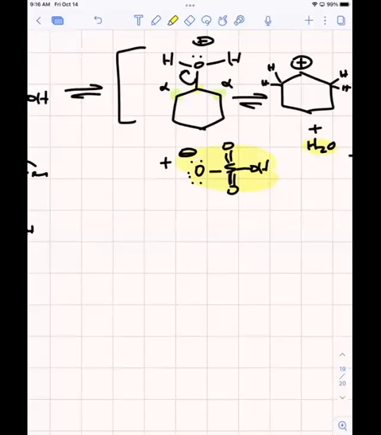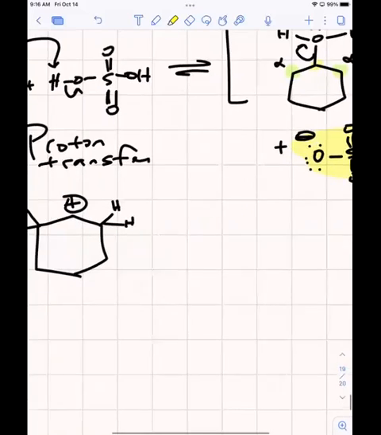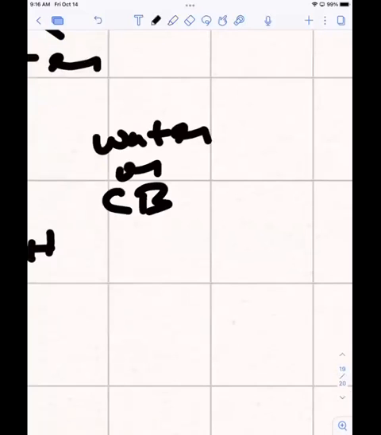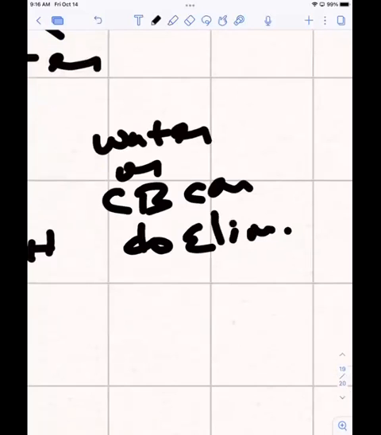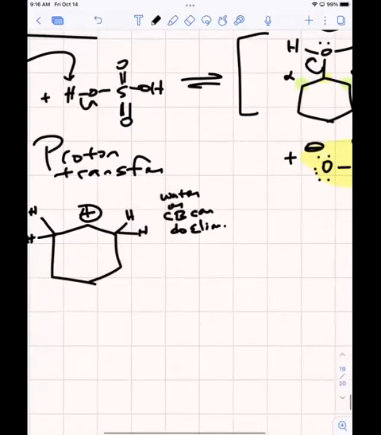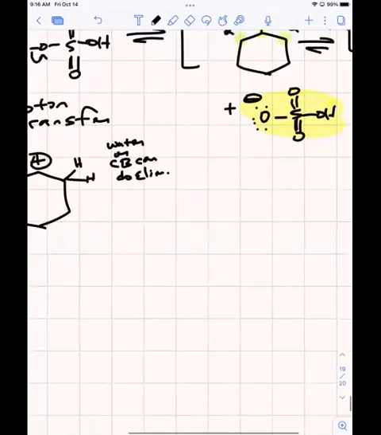Either one of those can do the elimination, right? So the water can eliminate, or the conjugate base. The water is probably a better base than the conjugate base of sulfuric acid, so we can just use that.